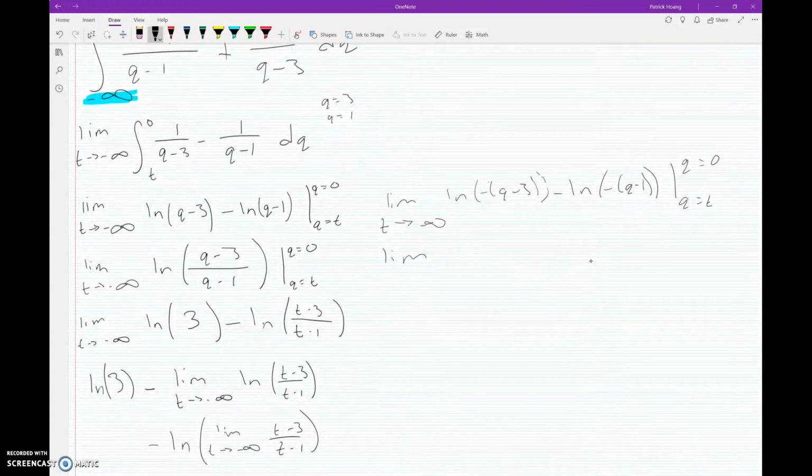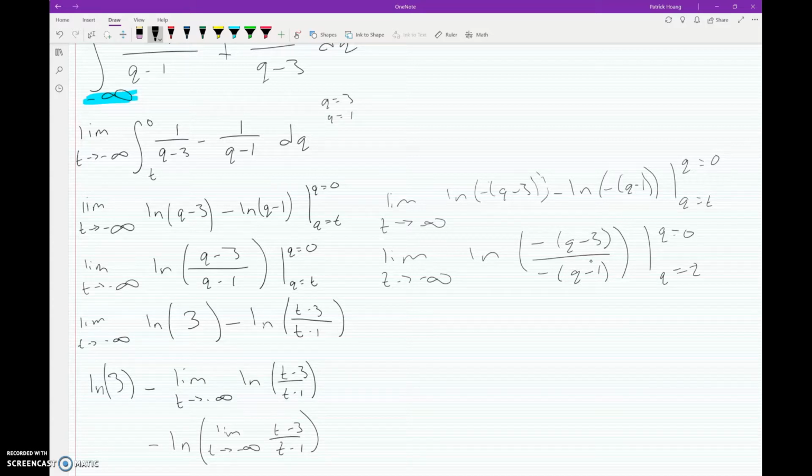So the limit as t approaches negative infinity, we could still apply our log rules. This is natural log of negative q minus 3 divided by negative q minus 1, evaluated from q equals t to q equals 0.